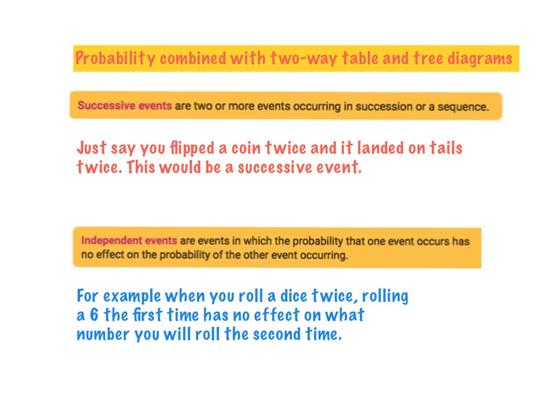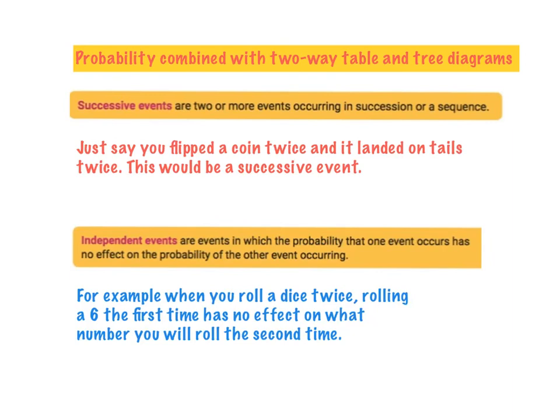This would be a successive event, okay? Similarly, if you flipped the coin twice and it landed on heads both times, that would also be a successive event, okay? It happened in succession. First it landed on tails, then it landed on tails again. Or the other way, first it landed on heads, and then it landed on heads again.